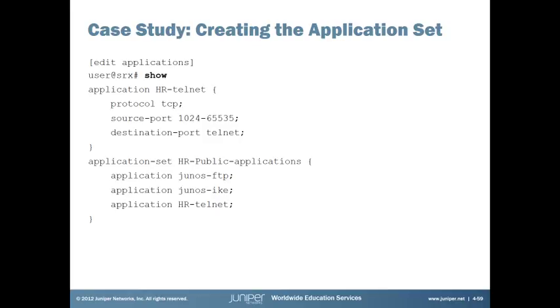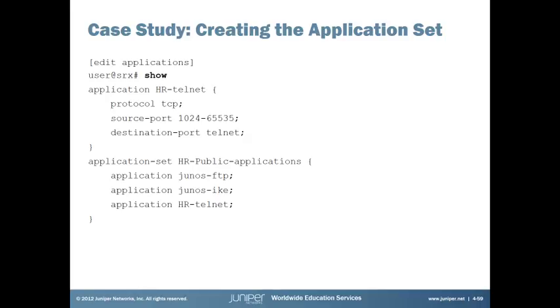Okay, so this is our application. We're creating a custom application here called HR Telnet, protocol TCP, source ports. We've got a range of ports there, and we've got a destination port, which is Telnet. And we've got an application set, which is HR public application.